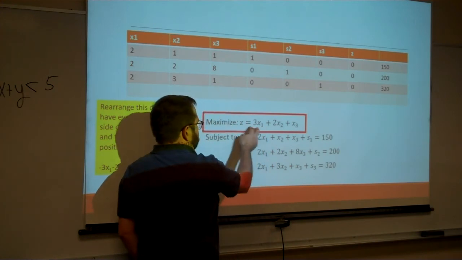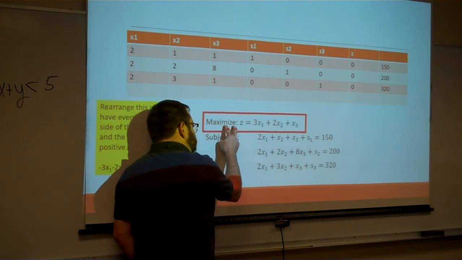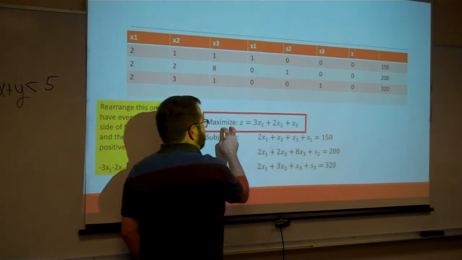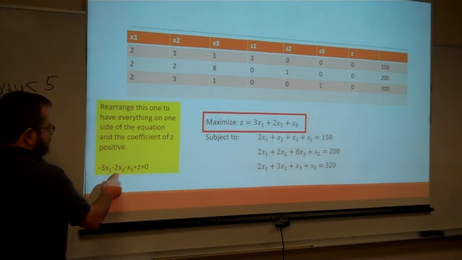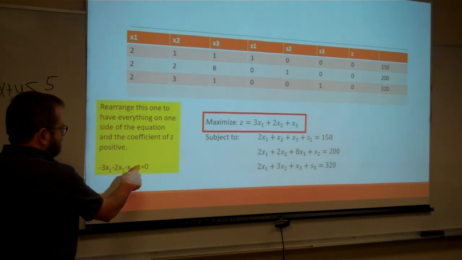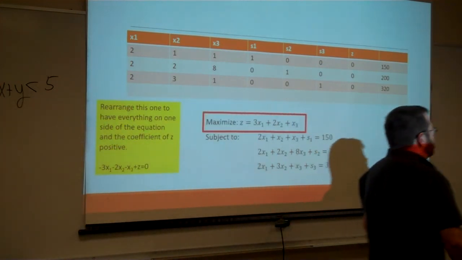So we're going to pull this over here and make that negative 3x1. We'll pull this one over here and make it negative 2x2. I'll pull this one over here and make that negative x3. So, negative 3x1 minus 2x2 minus 3x3 plus z equals, in this case, 0. And then we'll just populate that last row.